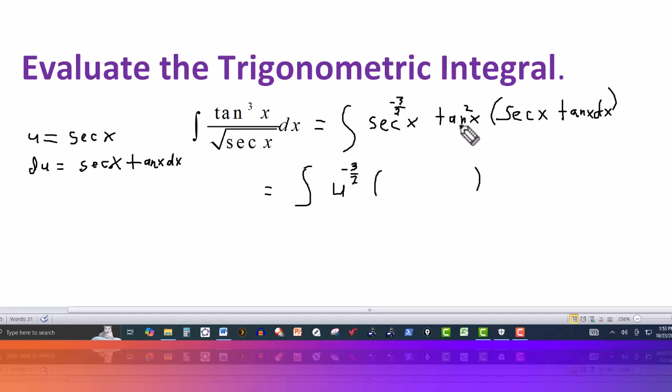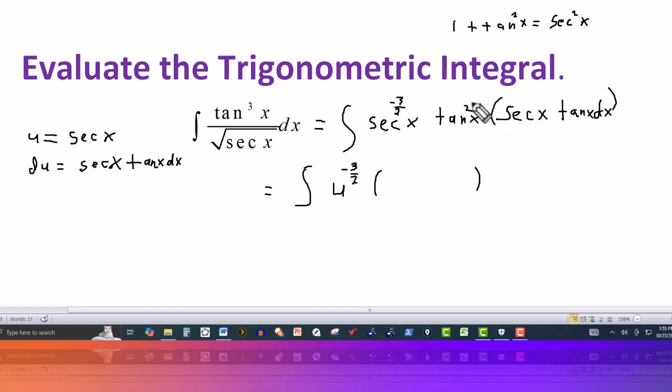And then remember the tangents, 1 plus tangent squared of x is equal to secant squared of x. That's one of your fundamental identities from trig.